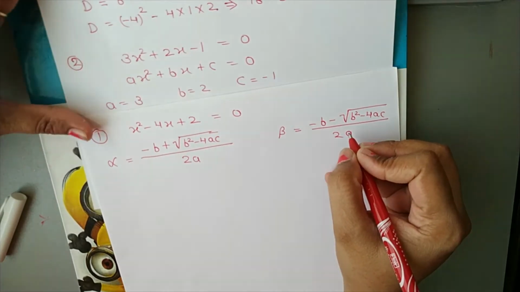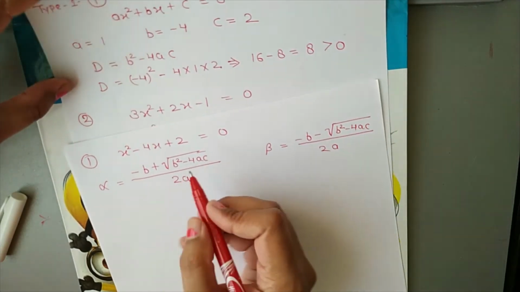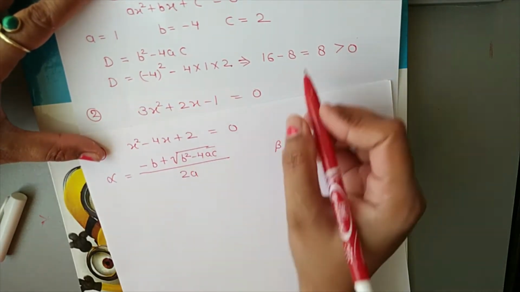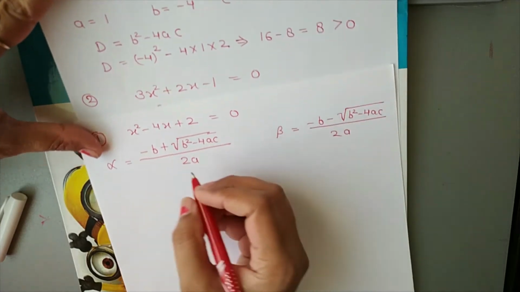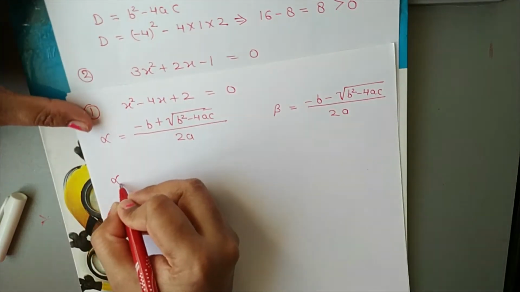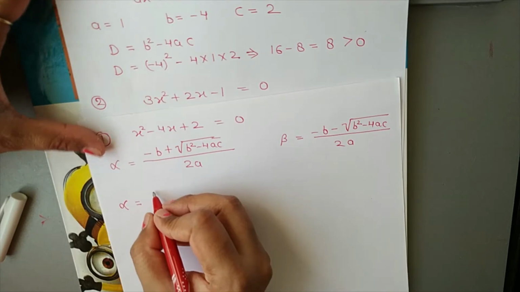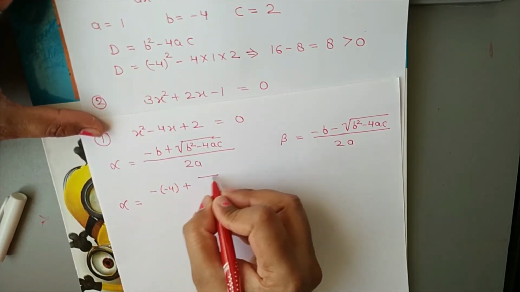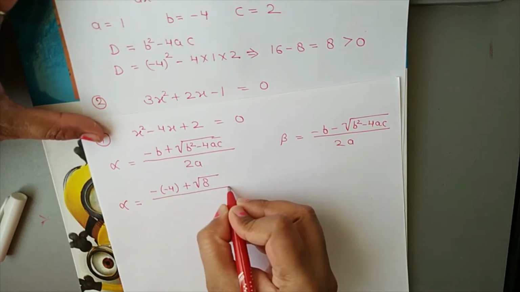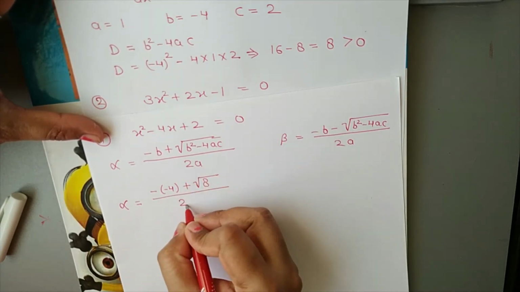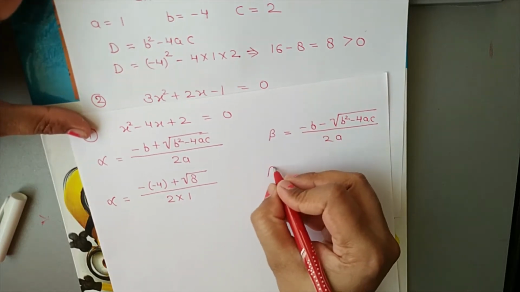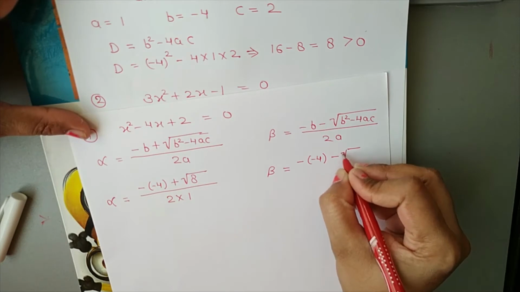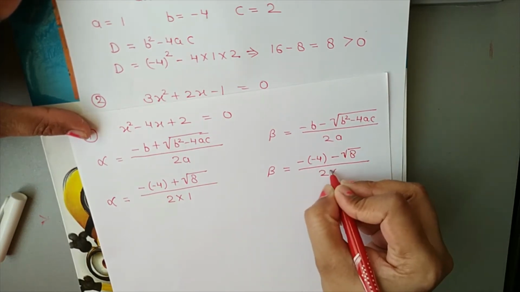We just put these values. Here b square minus 4ac is D, and D is 8. Then b is minus 4, so minus and minus 4 plus under root 8 divided by 2a, a is 1. Here minus, then minus 4 minus under root 8 upon 2 into 1.